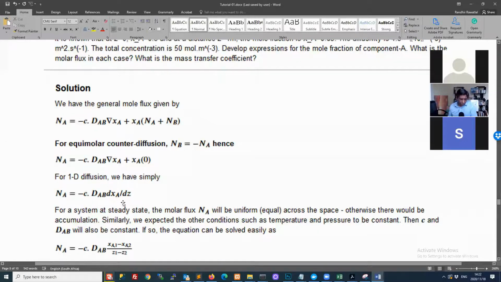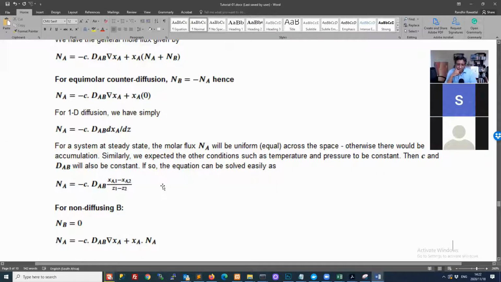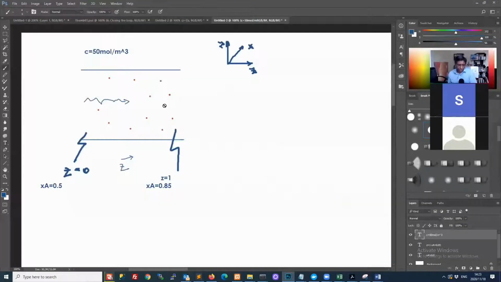And so if that's what we have, then we can say that at steady state, separately to that, unrelated to this equation, we have to acknowledge that for us to be at steady state, we must have the same molar flux across the whole space. So we anticipate that our concentration may be varying across the space.